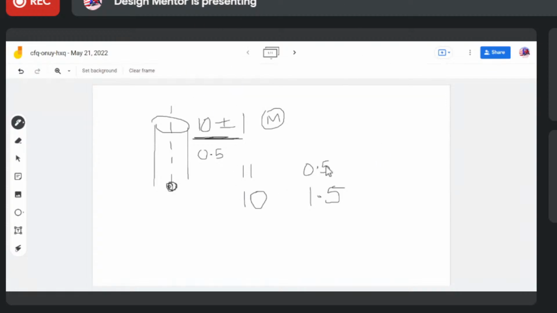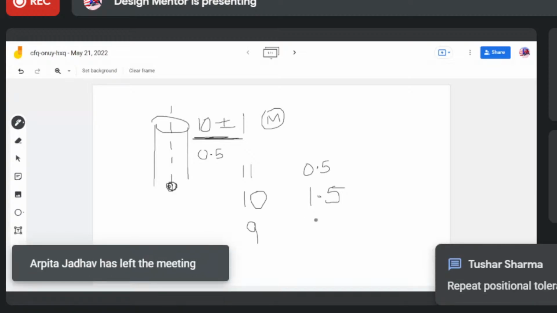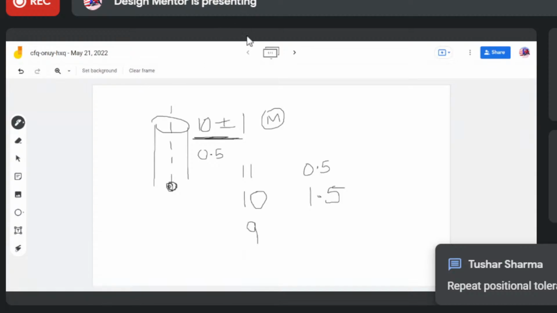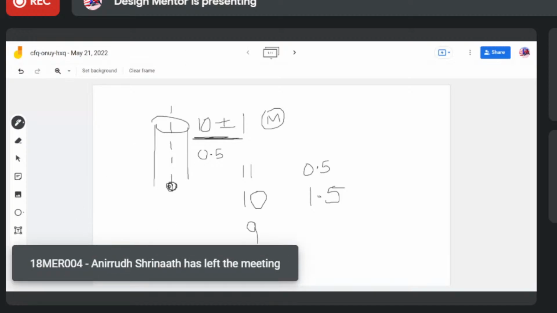Got it? What happens when this is 9 mm? Can anyone answer? What if the part comes back as 9 mm? What will be the positional tolerance? Anyone? 2.5, yes, right.